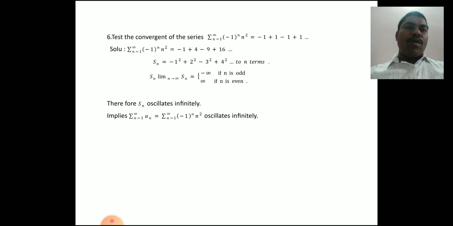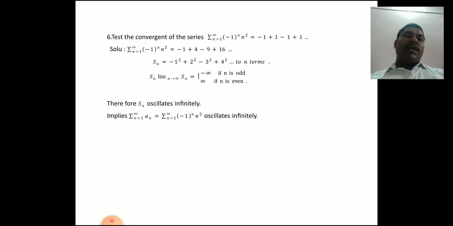And the sixth problem is test the convergence of the series summation n equals 1 to infinity of (-1)^(n²), which is minus 1 plus 1 minus 1 plus 1. Solution.